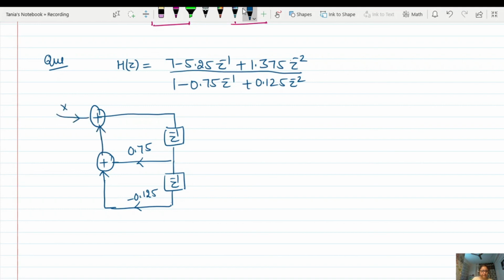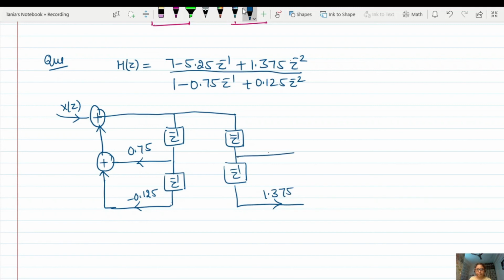This is our poles realization. And then for the zeros realization we have z inverse and then z inverse, with coefficient 1.375.